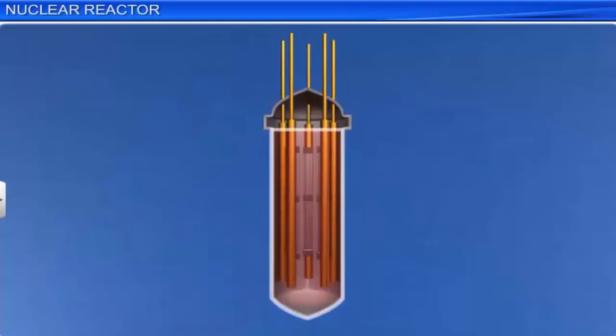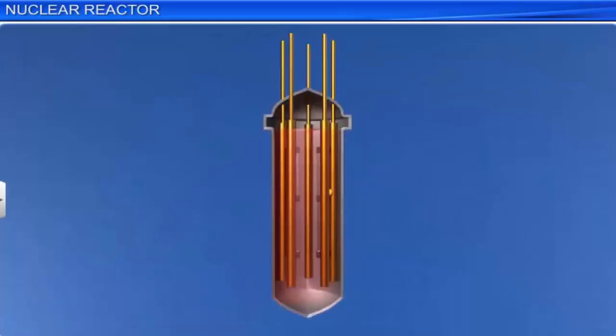The neutrons released during the fission of uranium-235 have kinetic energies of approximately 2 million electron volt and are called fast neutrons. These fast neutrons escape from the uranium and enter the moderator.